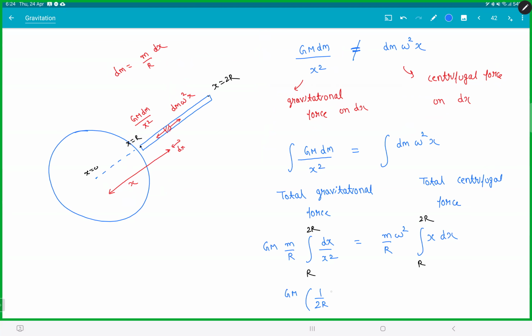This will be 1 by 2R. This will be omega square, and that will be 3R square.